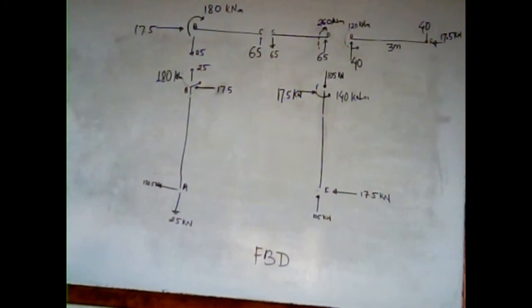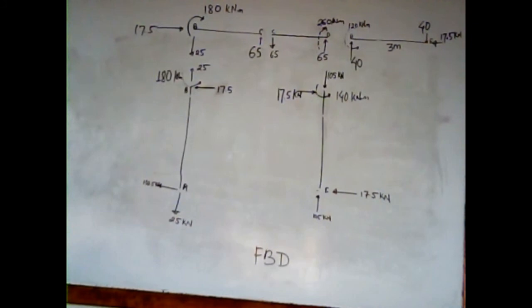Likewise, at point B, there will be the leftward force of 17.5 kilonewton, and this 180 kilonewton meter moment is the balancing moment at point B. So to balance this moment, we will apply a clockwise moment at joint B of section BC, 180 kilonewton meter, a moment we applied in BC.